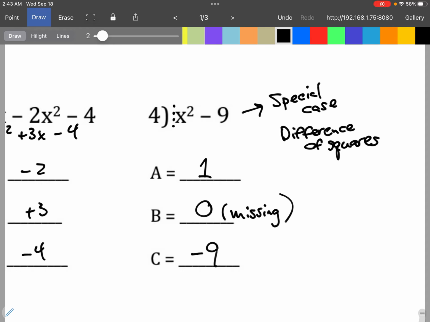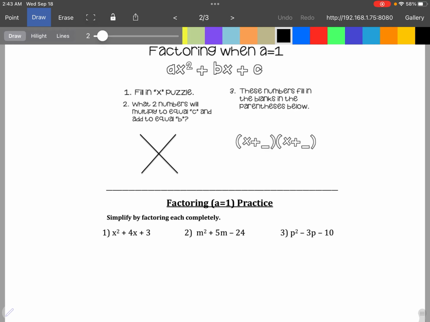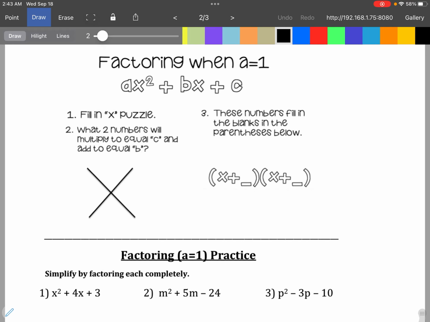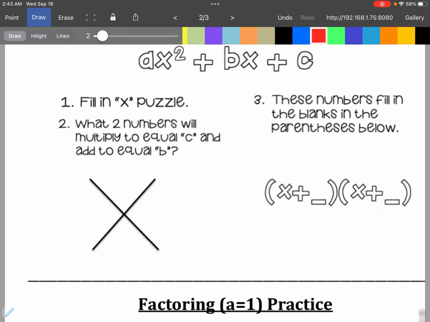Cool beans. Alright, so let's move forward. When we're factoring, the main thing that we want to look at is the A value. When the A value is 1, it's a pretty simple problem, and extra steps are not necessary. So here at Lake Wells High School, we like to use the X puzzle.